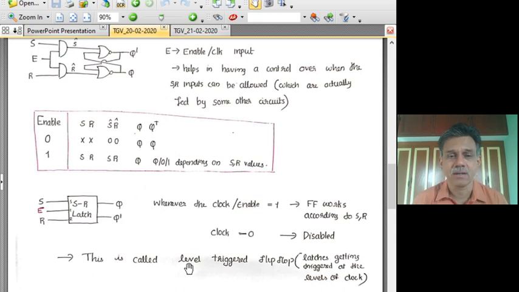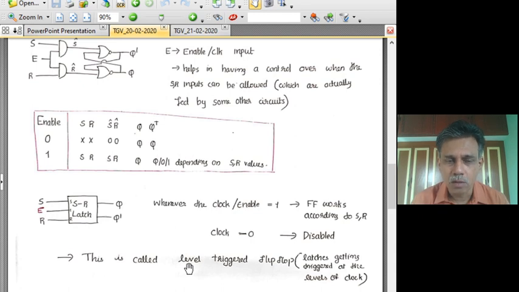Again, different conventions persist. In this course we basically follow two books. One is the book by Charles H. Roth, another is the book by Morris Mano. The nomenclature or terminology differs slightly between these books.